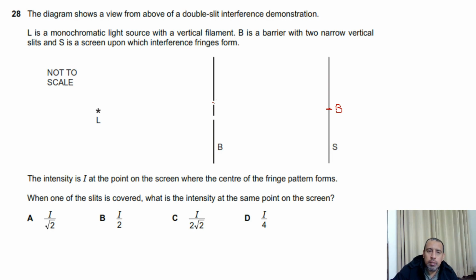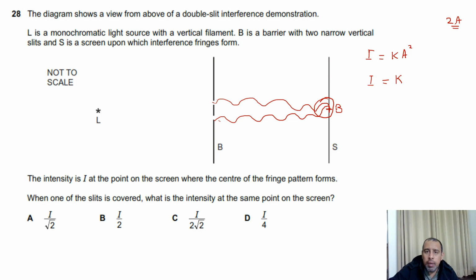So if we have the wave coming in this way, and here the wave coming in this way, they have constructive interference. If we have the intensity I equal to Ka square, for the center the amplitudes are added at this point, hence the amplitude is double. That means it's 2A. So by taking the square, it is 4A square.